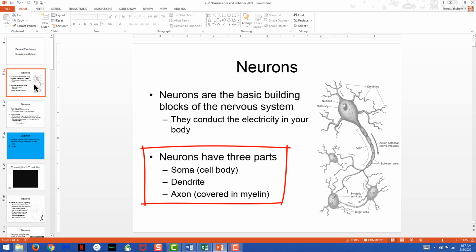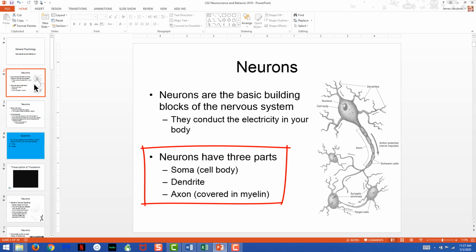And we're going to look at them in detail in the order that they're presented here. First the soma, then the dendrite, and then the axon. And the reason we're covering them in this order is because the soma is the location where your genes are held. And so we'll have a brief discussion of genetic control of behavior.